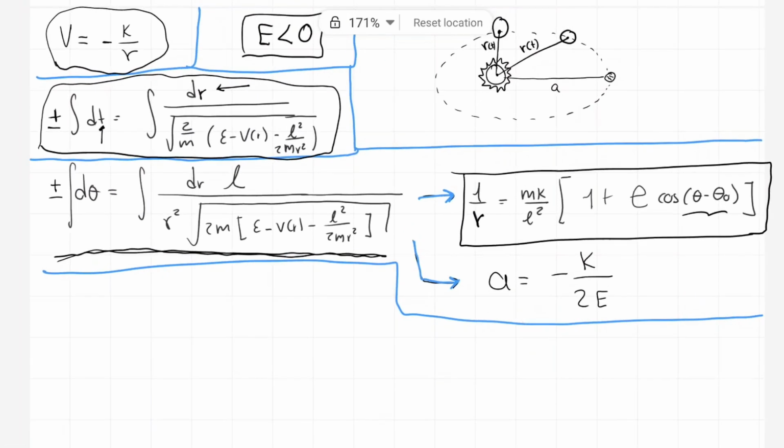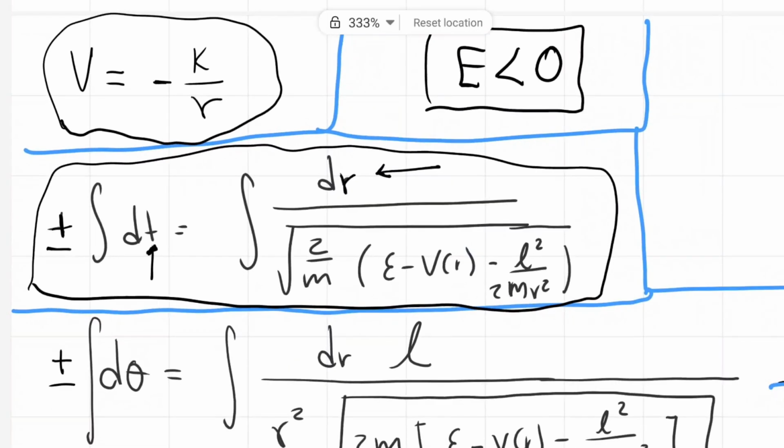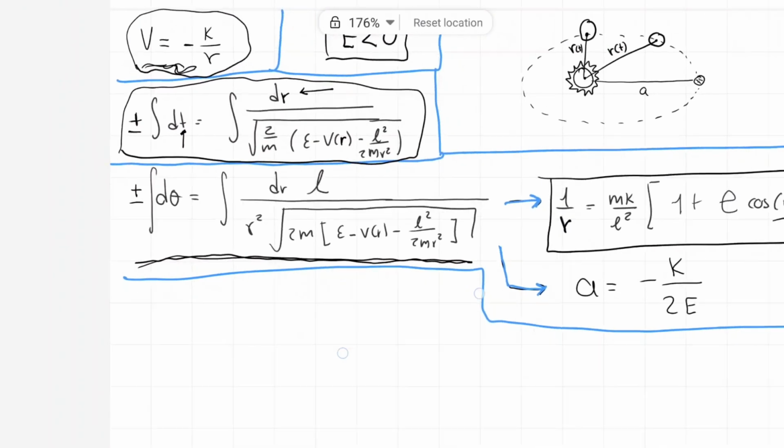First we need to look at this equation, and we see that it depends on the potential energy of the planet. We know the potential energy is this expression over here, so we are going to take it into the integral and see what happens.